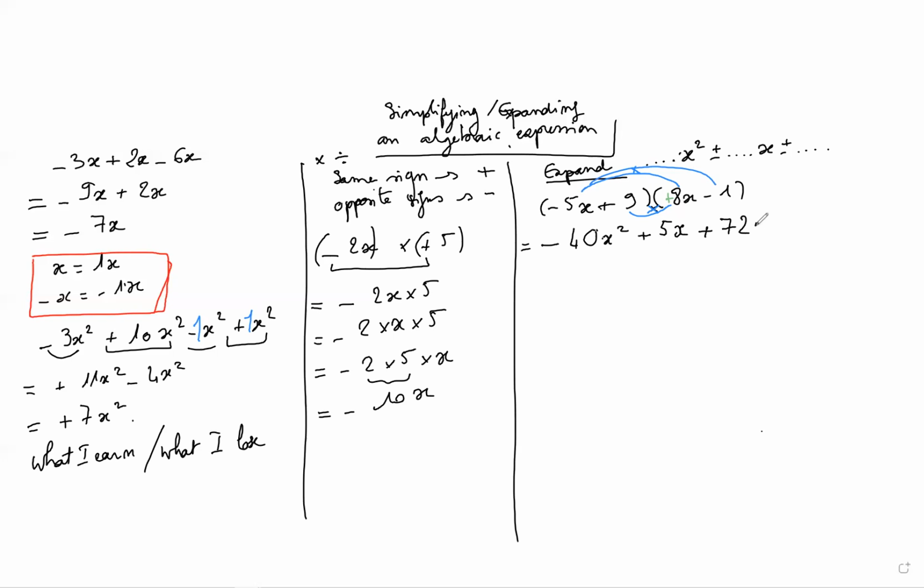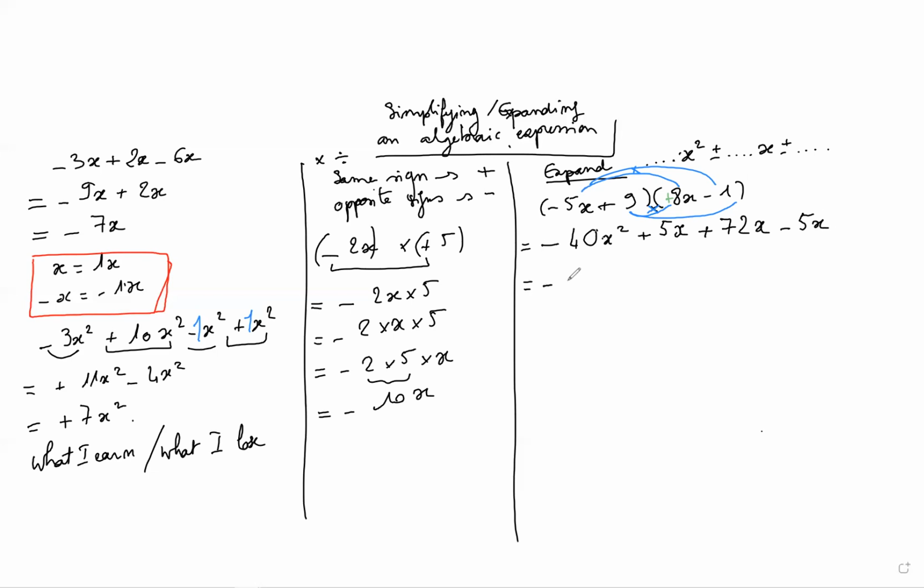The letter is x. And then this final one. Opposite signs, it's going to be a minus. And the number, 5 times 1, it's 5. And the letter x times nothing, it's x.